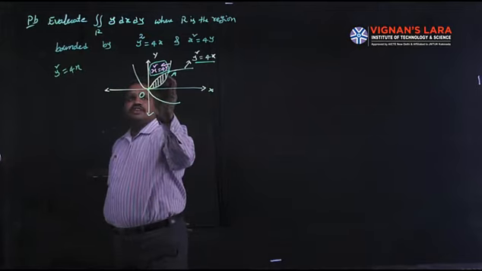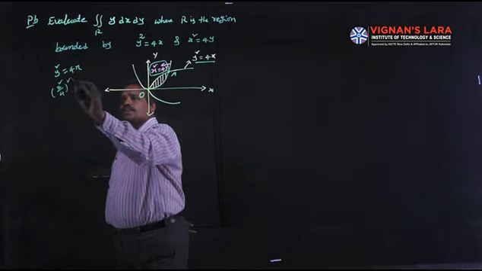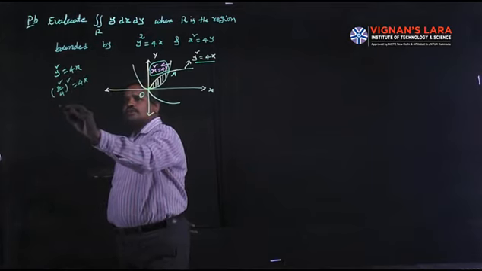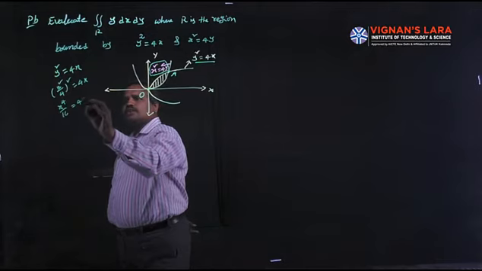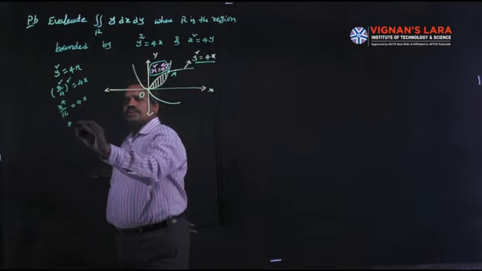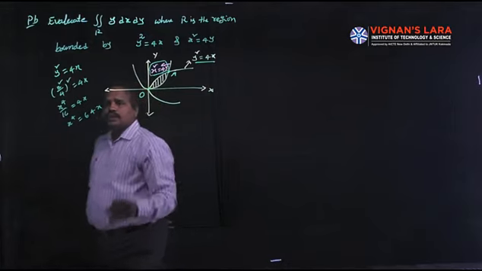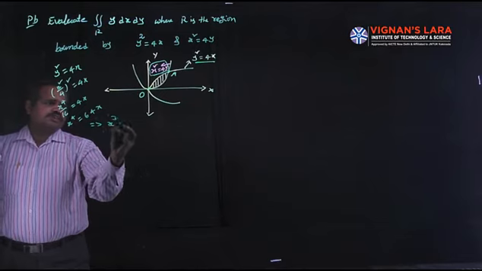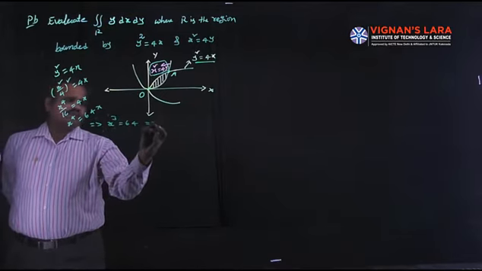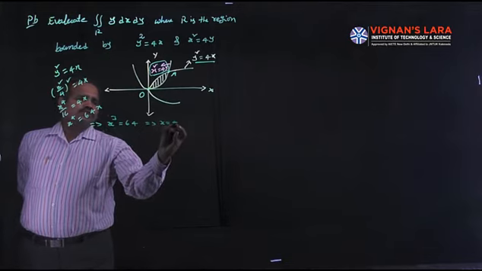From this equation, y is x square by 4 whole square is equal to 4x. So this is x power 4 by 16 is equal to 4x. So x power 4 is equal to 64x. So x gets cancelled. What is remaining? X cube is equal to 64, which is nothing but x is equal to 4.